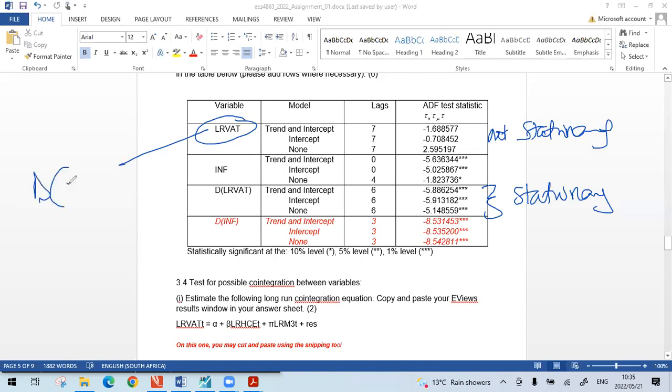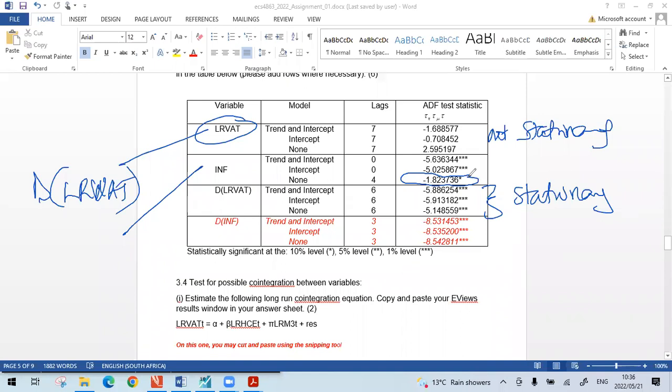That's why you are seeing it under the ECM, right? But looking at inflation, we checked here and it was having 1 star down here. And we said if it's having 1 star, we are compelled to move and difference it.